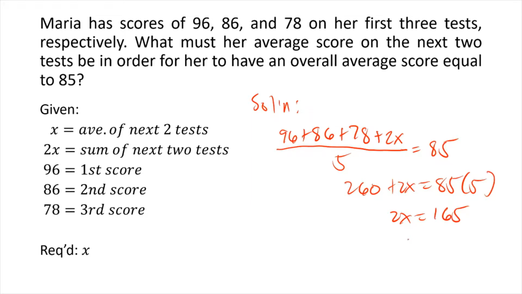Then divide both sides by 2. So 165 divided by 2, we get x equals 82.5. This must be Maria's average score on the next two tests to get an overall average score of 85.